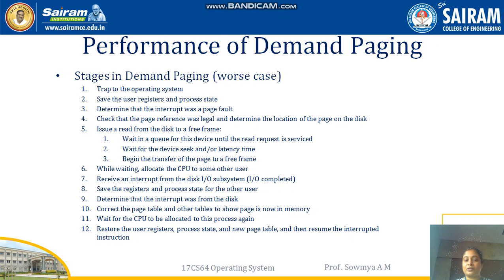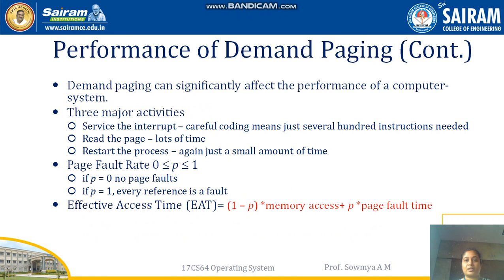What you have to restore is the user registers, the process state, meaning the process control block information, and the new page table. The old page table had the page fault and you have updated it, so the new page table is to be loaded. Then you continue your instruction and execute your process.